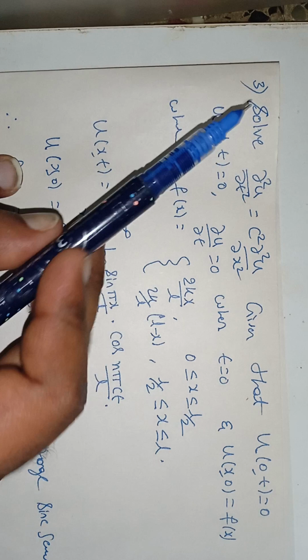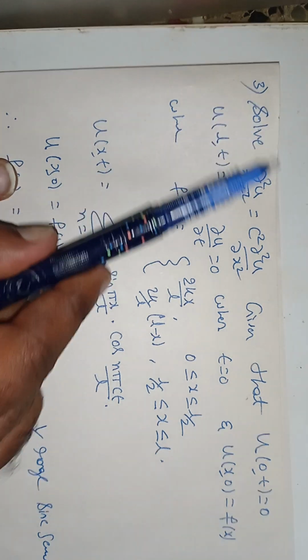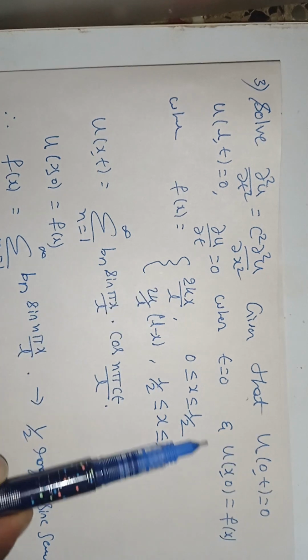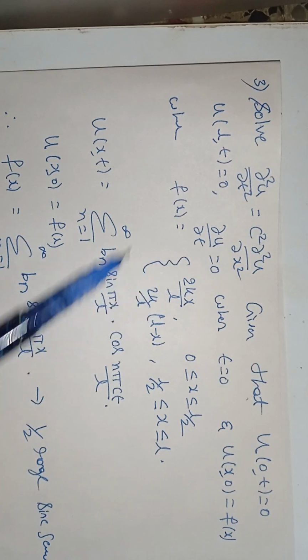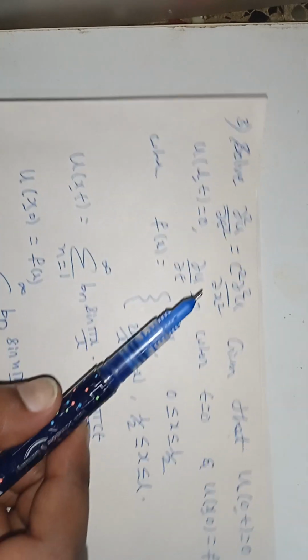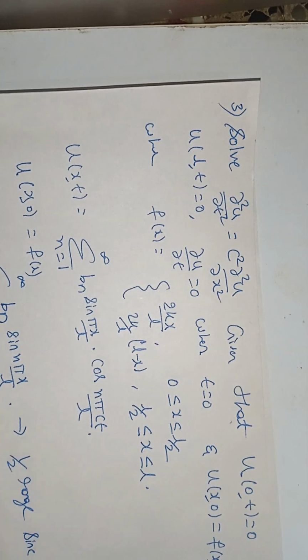Again I have taken another problem. The same conditions are given, but the last condition they have given as f of x. So the first three conditions till here you have to derive like previous problems.